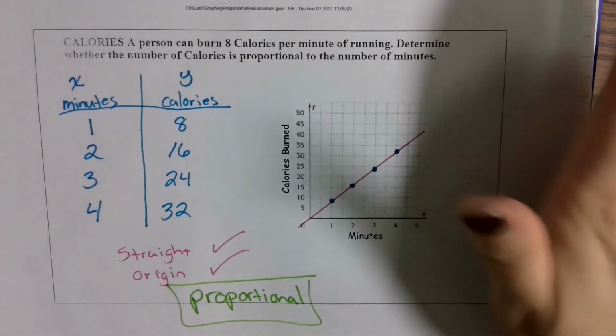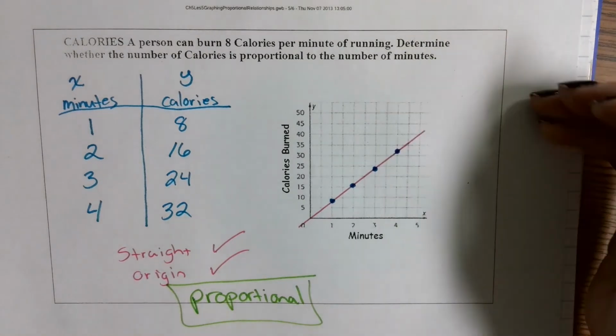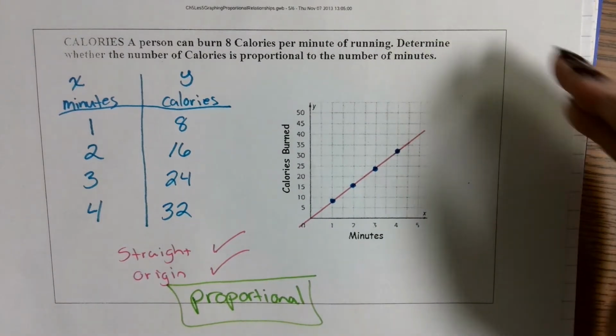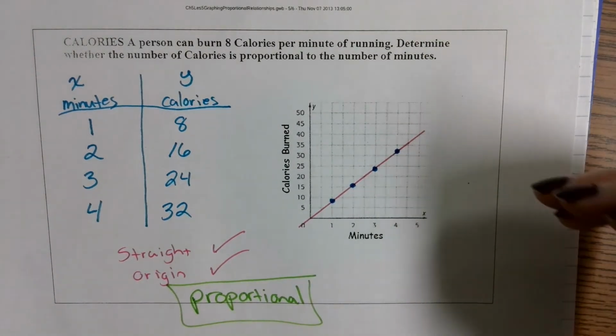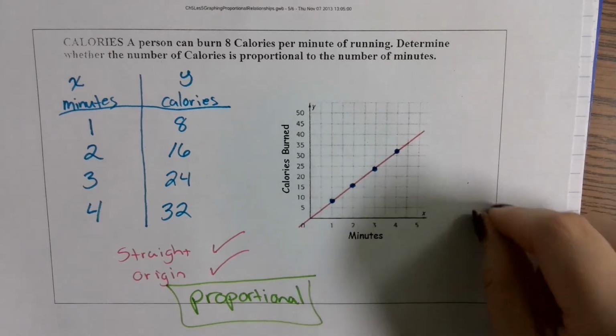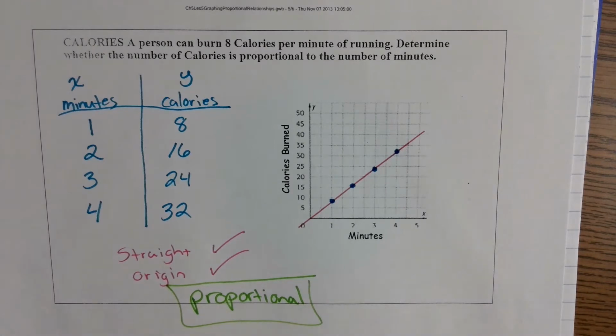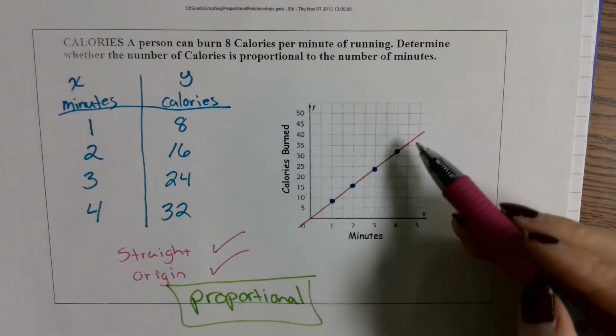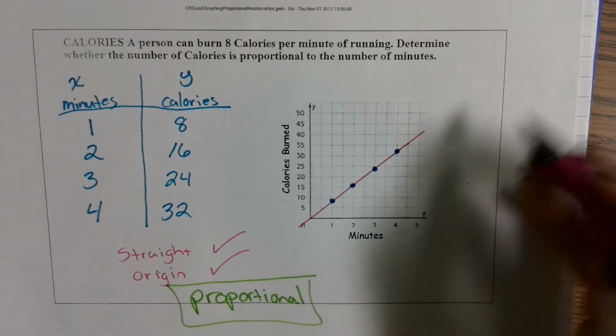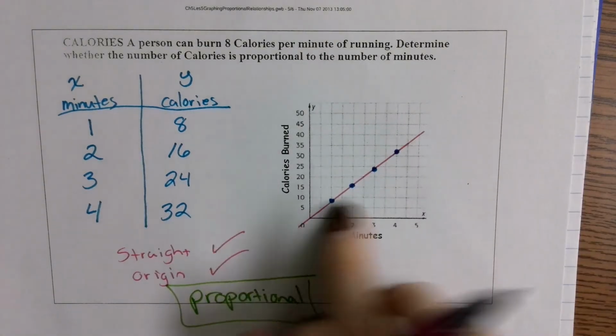Now, on your homework, you will be identifying proportional and non-proportional based off of graphs. Now, if it is proportional, you then need to identify what the unit rate is. So let's go back to each of the problems. You connect the line, and you just extend the line until you pass through the axes.